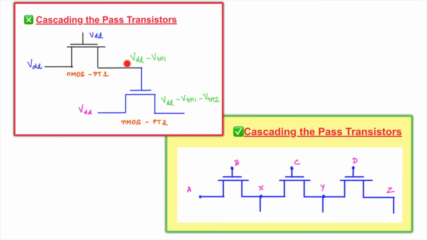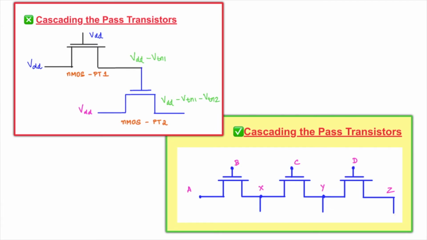That weak one is represented as VDD minus VTN1. This was not the case in the proper approach of cascading pass transistors. Here the output of the first NMOS pass transistor is given as input to the gate of the second NMOS pass transistor, and similarly for one more pass transistor, the drain output is given as input to the gate of the next transistor.